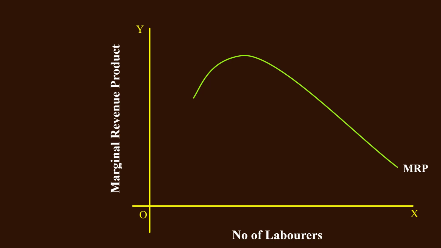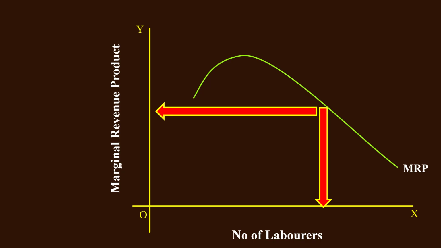Accordingly, we change the label of the y-axis to marginal revenue product, but we do not change the label of the x-axis. Number of laborers is represented along the x-axis. The marginal revenue product curve brings out the relation between marginal revenue product and number of laborers.